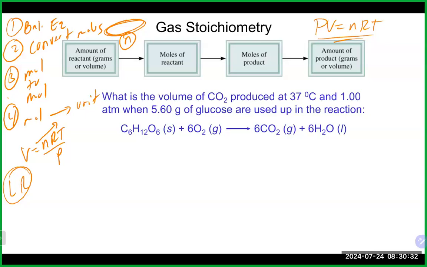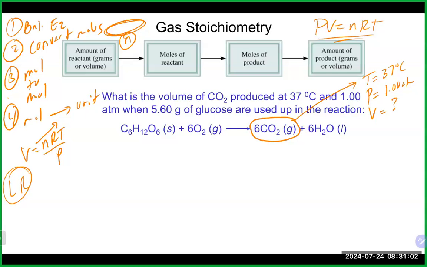So let's take a look at one here. What is the volume of CO2 that's produced at 37 degrees Celsius and 1 atmosphere when 5 grams of glucose are used in this reaction? We're interested in this gas here, which is our CO2. What we know about the gas is that it is at a temperature of 37 degrees Celsius, it has a pressure of 1 atmosphere, and we're looking for a volume.